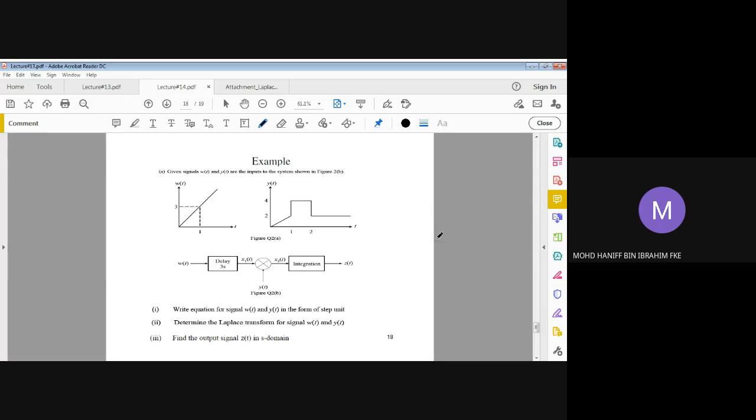Let us proceed with the examples here. We are given two signals in this example. For information, this is a sample of the test questions on Laplace transform, from test two last time.